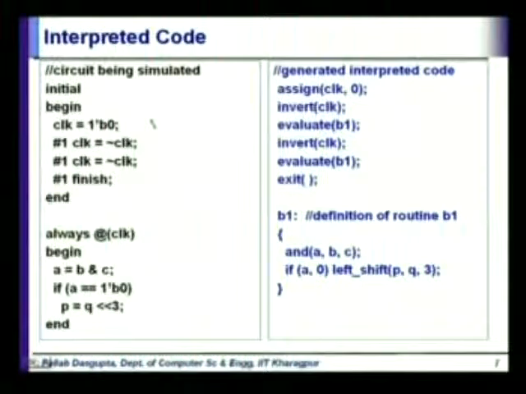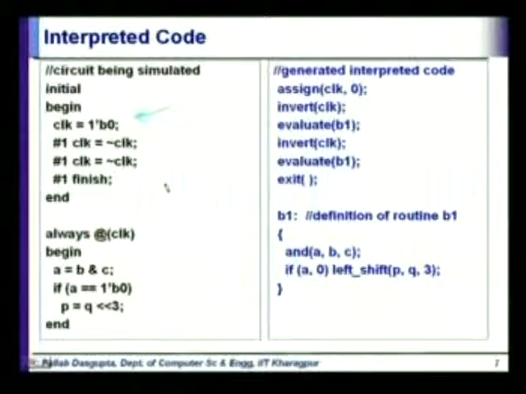Here I start by initializing the clock to 1'b0, and then after every 1 unit of time we toggle the clock. So clock equal to not clock means the clock is toggling, and after 3 time units we finish. That finish is a special statement which says that this is the end of simulation.